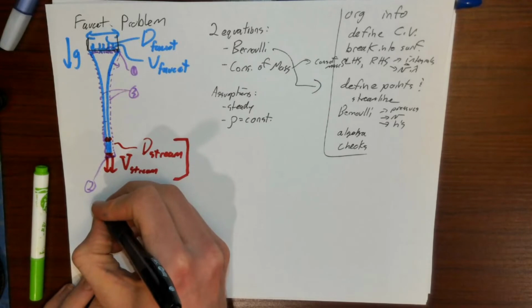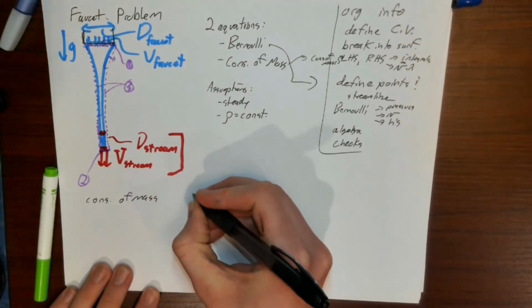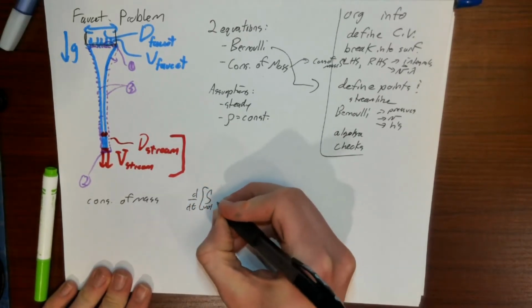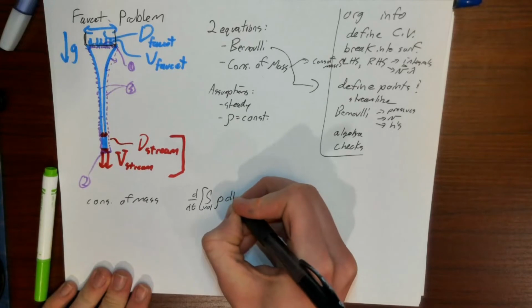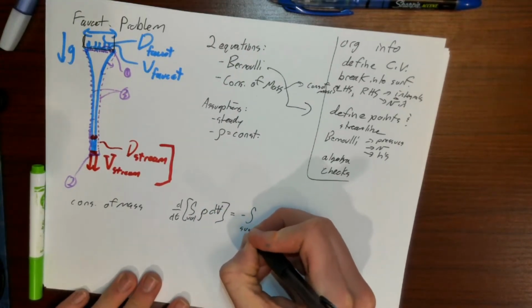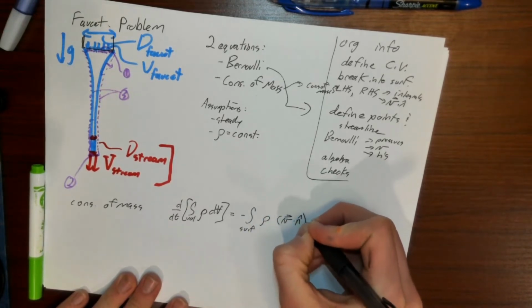So we're going to do conservation of mass, which is dt of the integral over the volume of rho dV equals minus the integral over the surface of rho times v dot n dA.